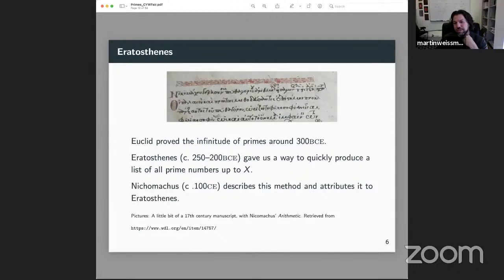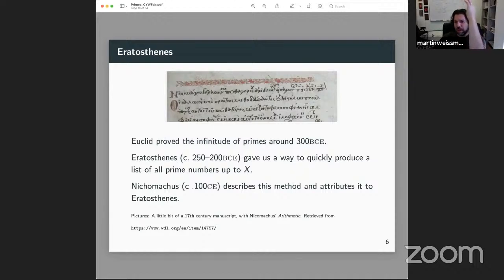He's famous for doing this experiment where, at the points in the day where the sun was highest in the sky, he looked at the shadows in two locations, one in modern day Aswan in Egypt, and another maybe in Alexandria, a bit north. In one location, there was no shadow.